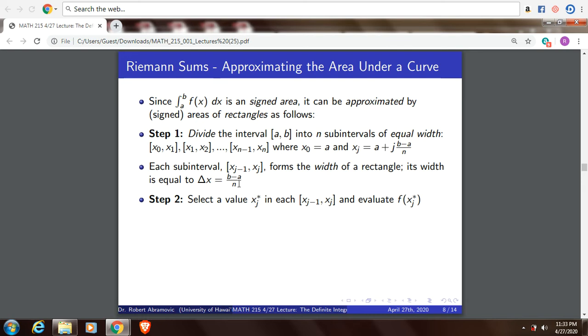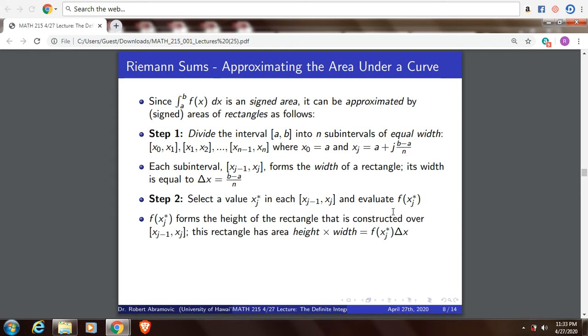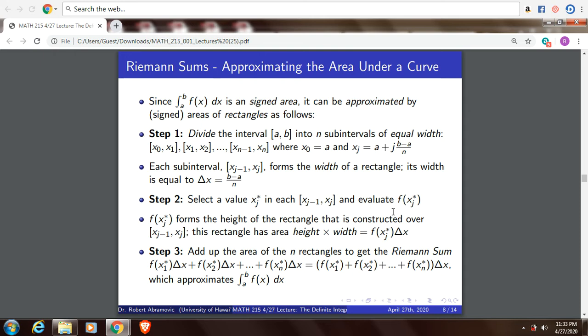Select a value xj star in the interval from x sub j minus 1 to x sub j, and evaluate f of xj star. f of xj star forms the height of the rectangle that's constructed over this interval. The rectangle has area, height times width, which is f of xj star times delta x. We add up the areas of n rectangles to get the Riemann sum.